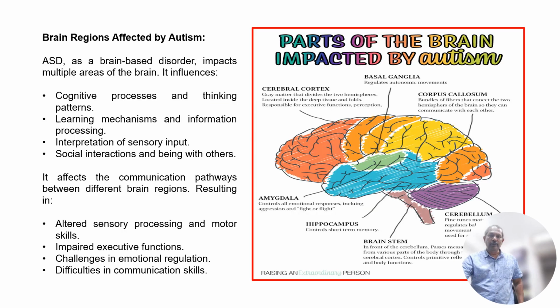If you go to the next one, you can see how the brain regions are affected by autism. Whether you are looking at cognitive processes, how well the child can think and do, or at learning styles, everything is affected by the neurodevelopmental disorder our children are going through. That affects the way they feel and their emotional outbursts.